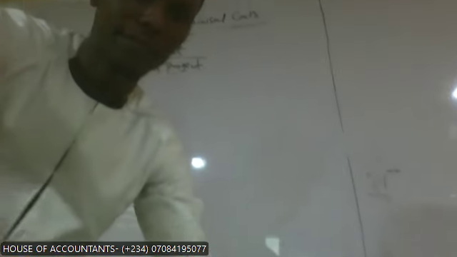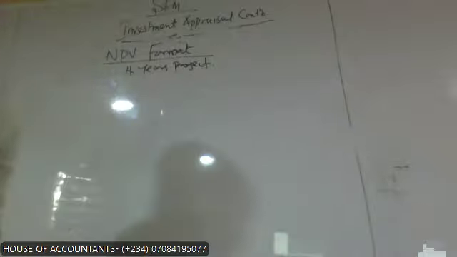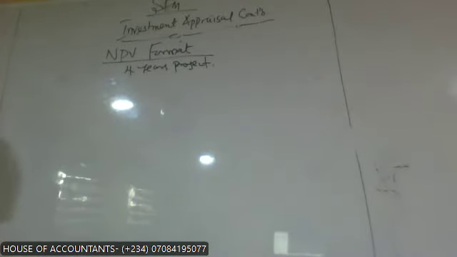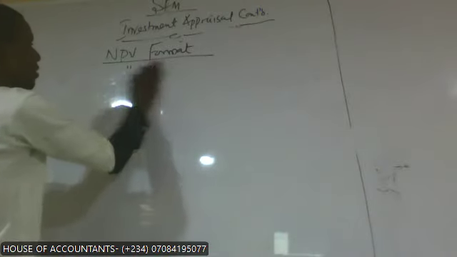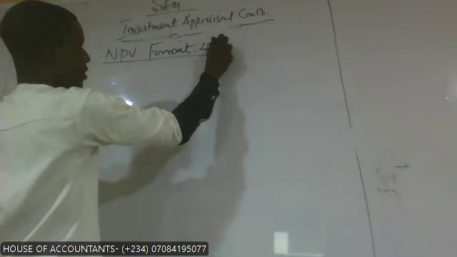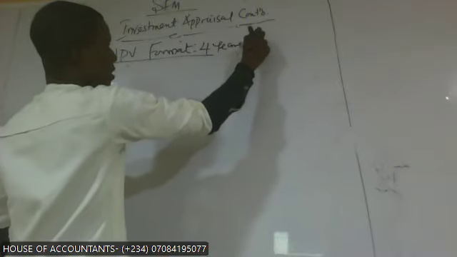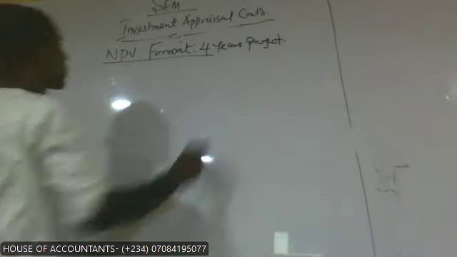Let's say for 4 years projects. Let's give it a format. So NPV format, 4 years project.